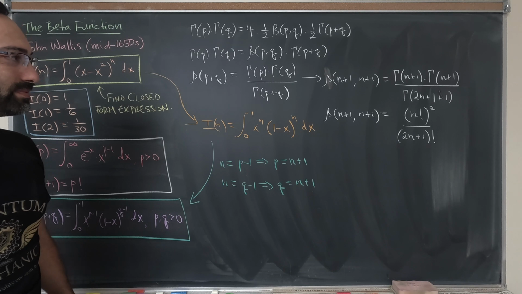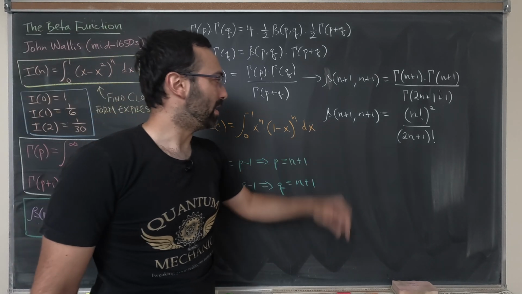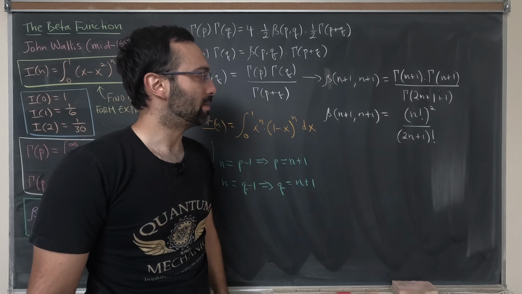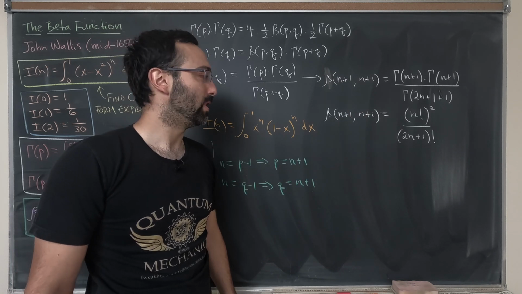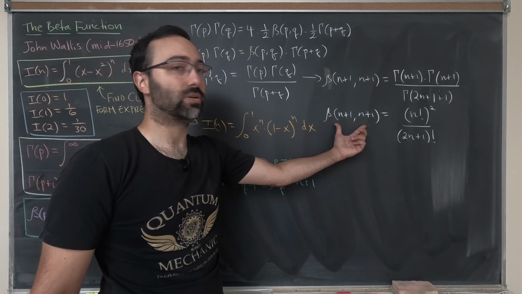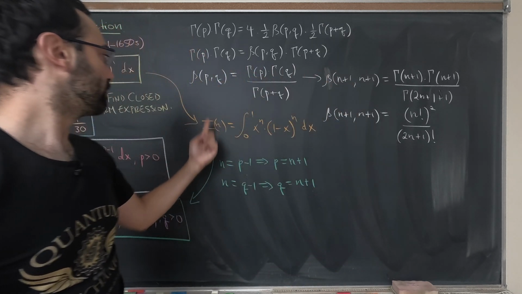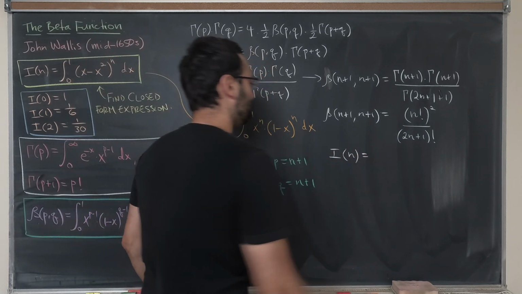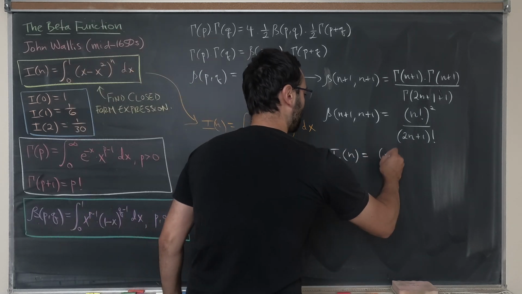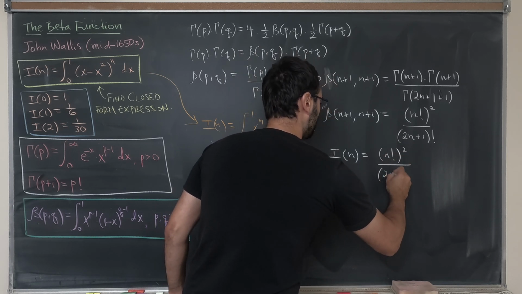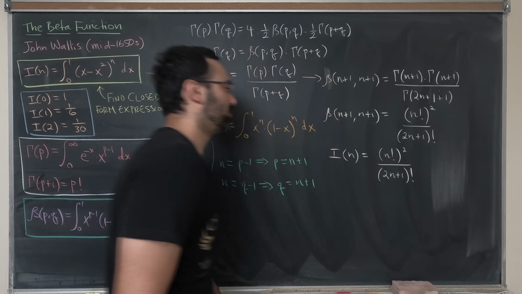And there you have it. Beta of n plus 1 comma n plus 1 equals n factorial squared divided by 2n plus 1 factorial. But we've associated this beta of n plus 1 comma n plus 1 with I of n. So John Wallis's integral is nothing more than n factorial squared divided by 2n plus 1 factorial.